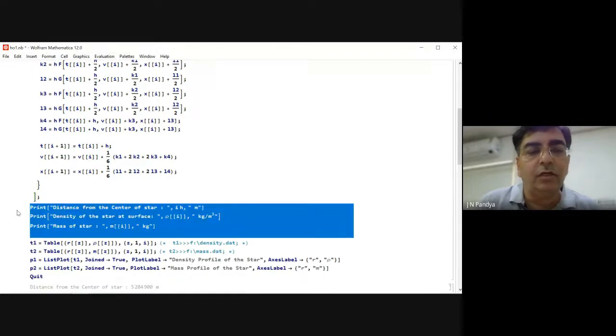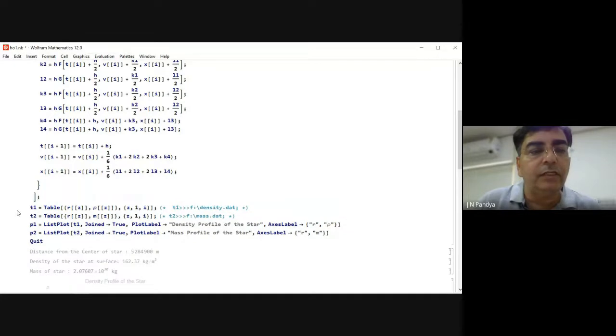So these are not needed as such. Okay. Then T1 is this table. So R is basically T, and rho was V, and M was X.